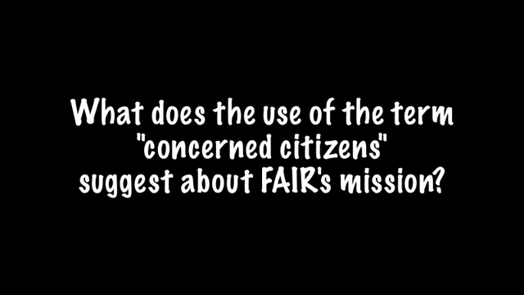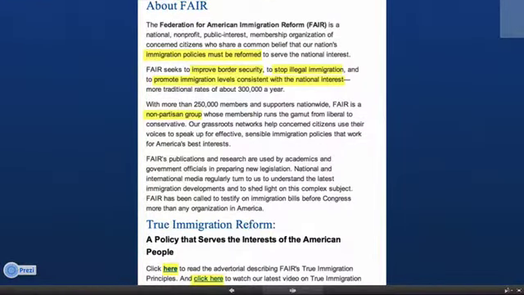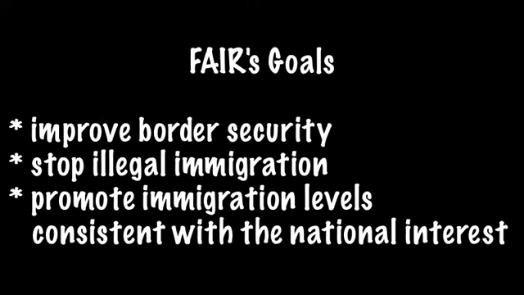So the use of the word concerned already states that they are fighting something, who share a common belief that our nation's immigration policies must be reformed to serve the national interest. So FAIR seeks to improve border security, stop illegal immigration, and to promote immigration levels consistent with the national interest.